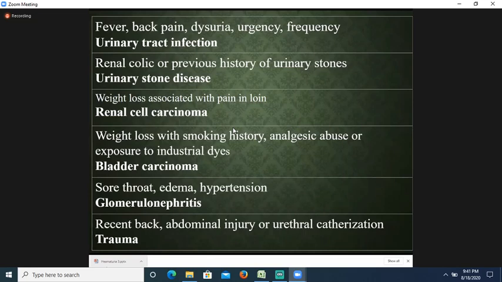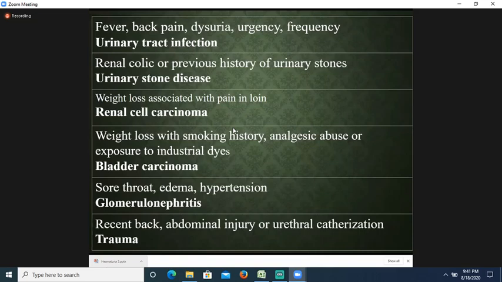Or somebody who has exposure to industrial dyes, people working in rubber or naphthalene industries, would most likely have bladder carcinoma, as we know. People who work in a dye industry, especially the rubber or leather industry, tend to have it.